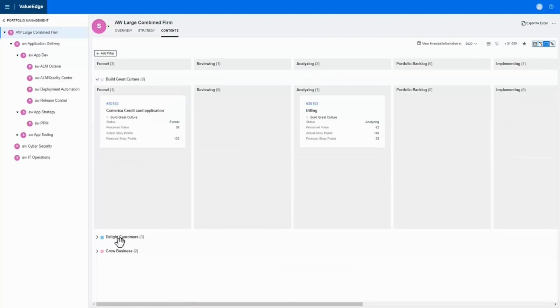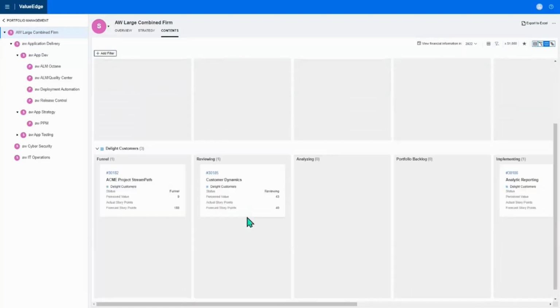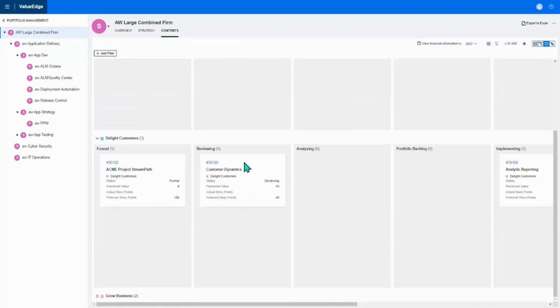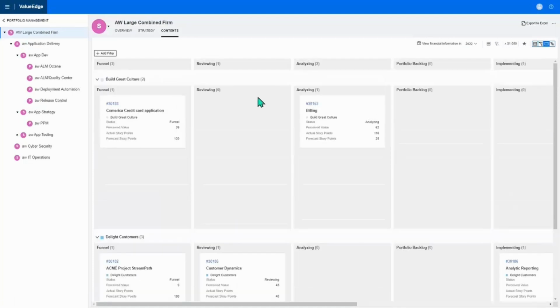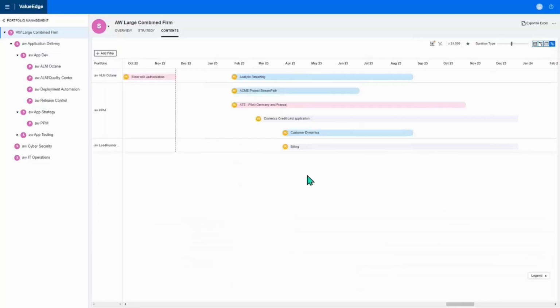At the highest level, it will snap that information. But you'll see that there are 3 cards, and each of these cards represents an individual entity, or in our case, a portfolio epic. And you see key information about the portfolio epic in this view, and that's the Kanban view that we're looking at.